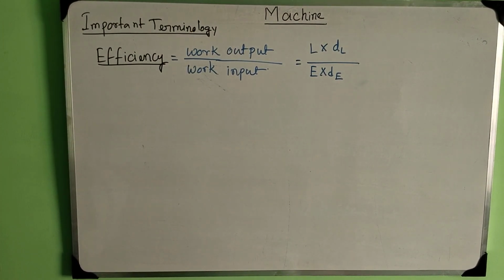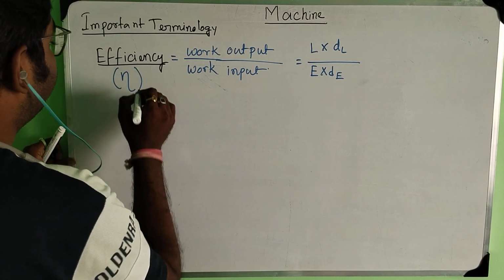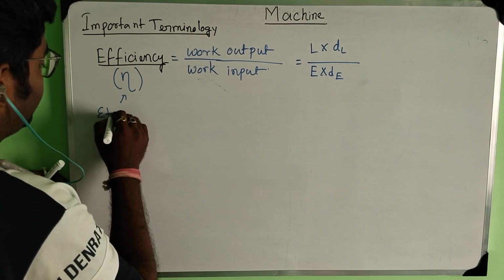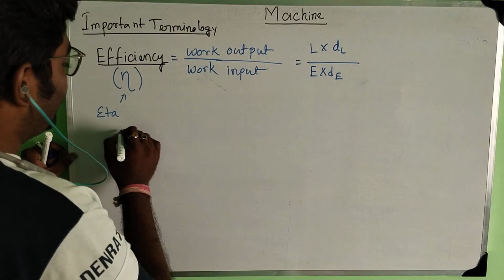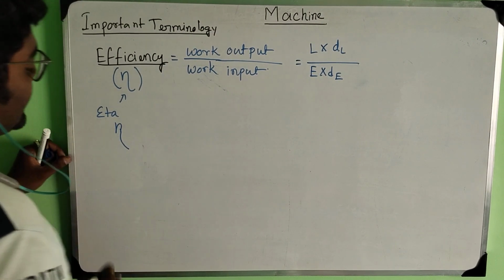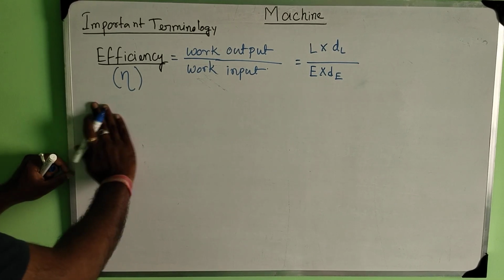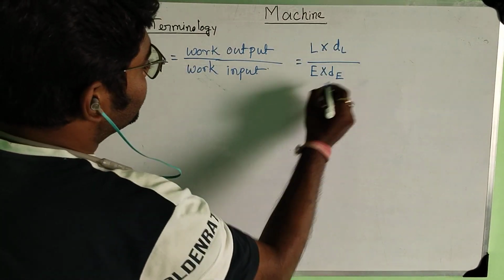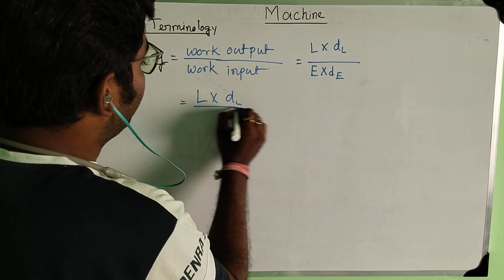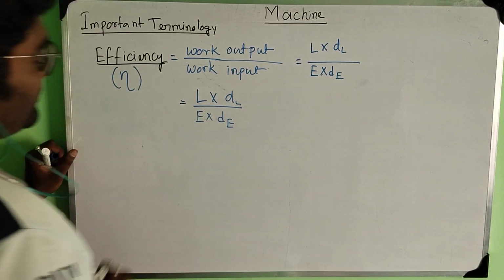Efficiency is denoted by eta. How do you write eta? Just write a simple n and extend the right leg. Okay, this is eta. So eta is load into displacement of the load by effort into displacement of the effort.